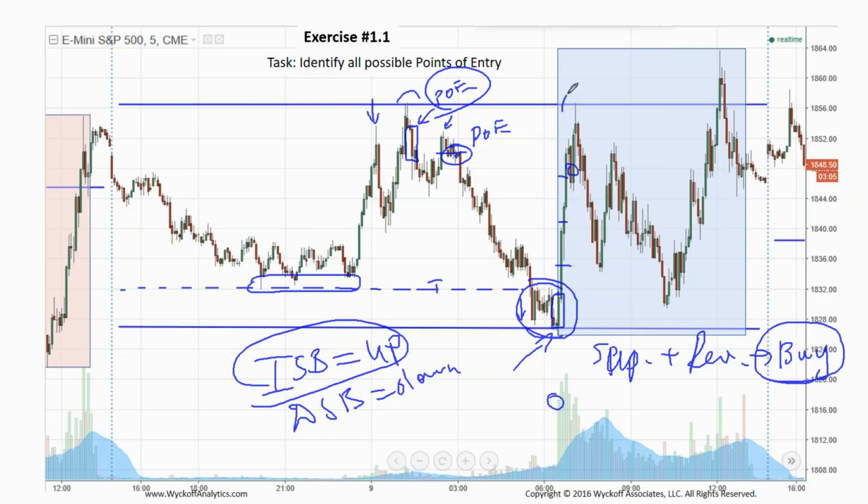Again, an upthrust happens. Which phase are we in here in the upthrust? At least B. Yeah, at least B, or we are possibly in C. In both scenarios, what kind of bias are we expecting for the next move? The down bias.